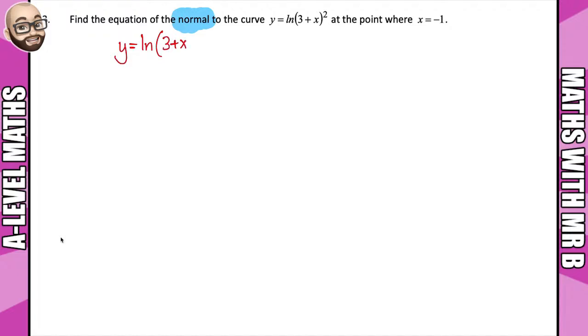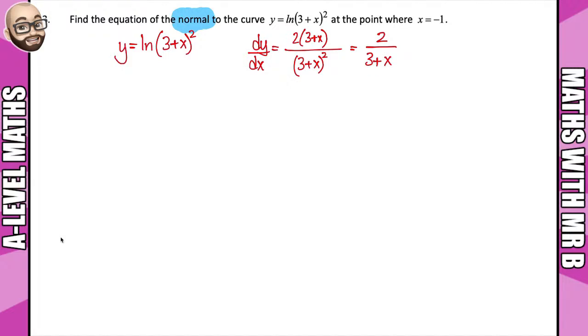It might be just as easy to keep it like that. That means when we do dy by dx, we can keep the 3 plus x squared at the bottom, that's the function. And then if we differentiate that, we can put that on the top. So if we differentiate that, that means we're just going to get 2 lots of 3 plus x, which means what we're really going to get is a 2 over 3 plus x.